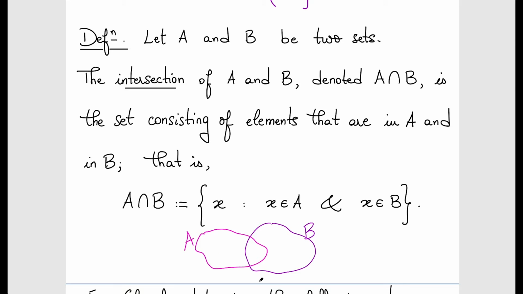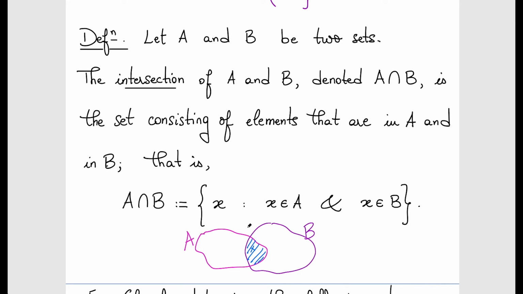However, this guy here, or such a guy, is at the same time pink and purple, right? So any guy in this region is part of the intersection. It's the overlapping region. So that's the intersection. It's right there.